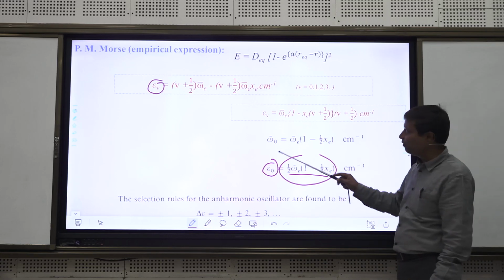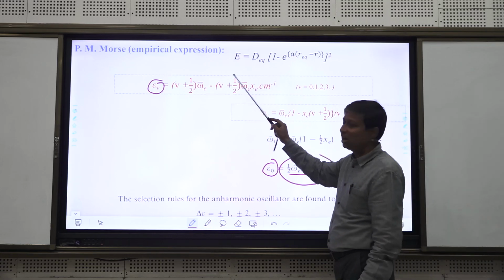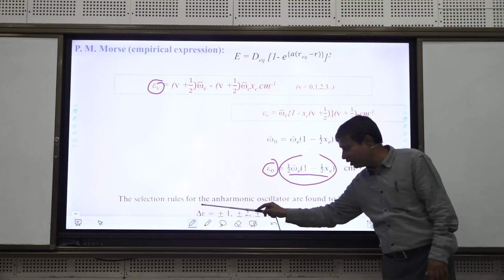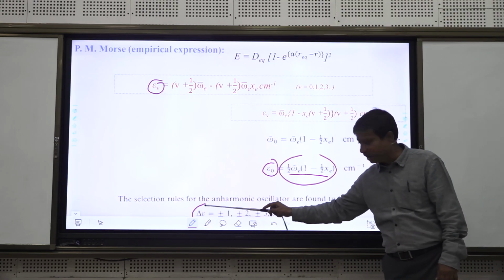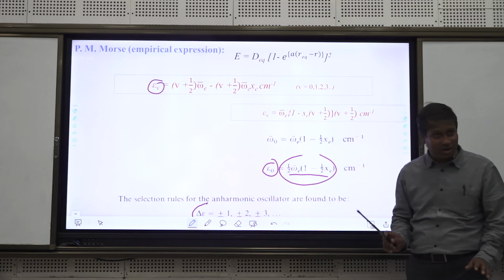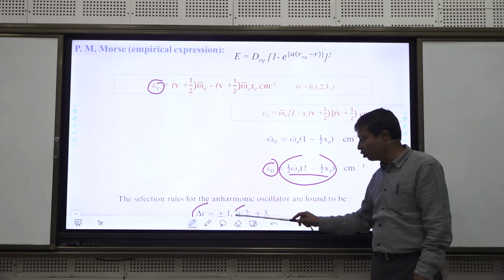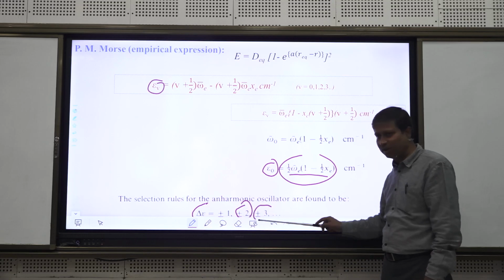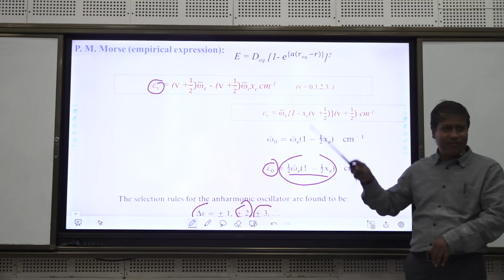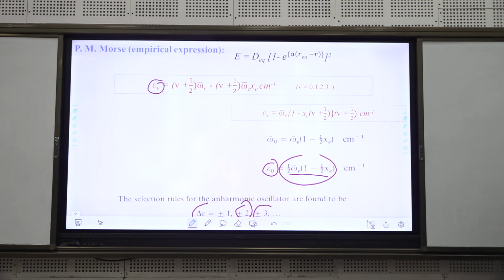So now you have a different expression, so you will have different energy levels, and the selection rule is also now relaxed. Earlier the selection rule was delta v plus minus 1 only. Now we have many more possibilities, plus minus 2, plus minus 3, almost anything. Okay, so every transition is allowed according to this selection rule.